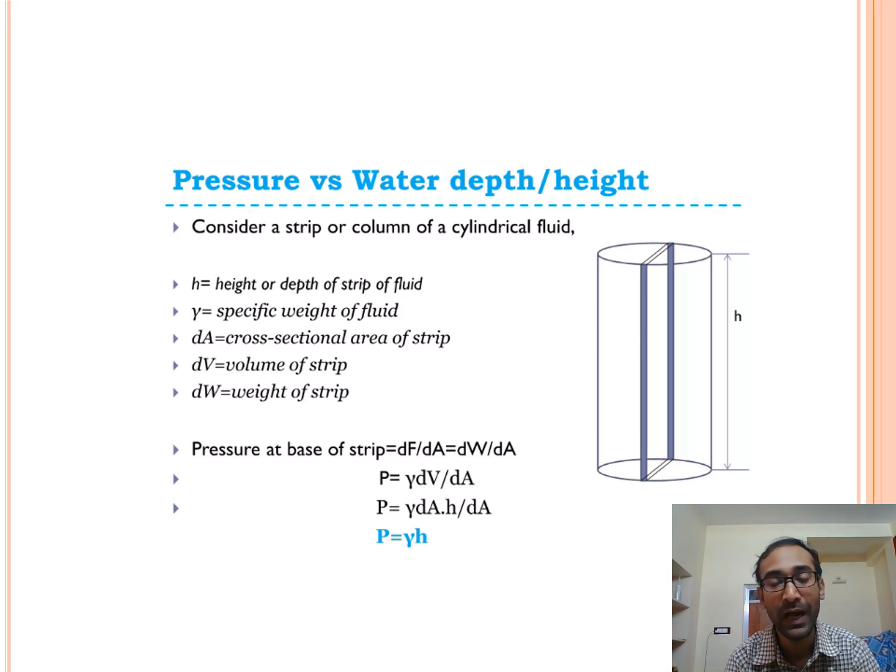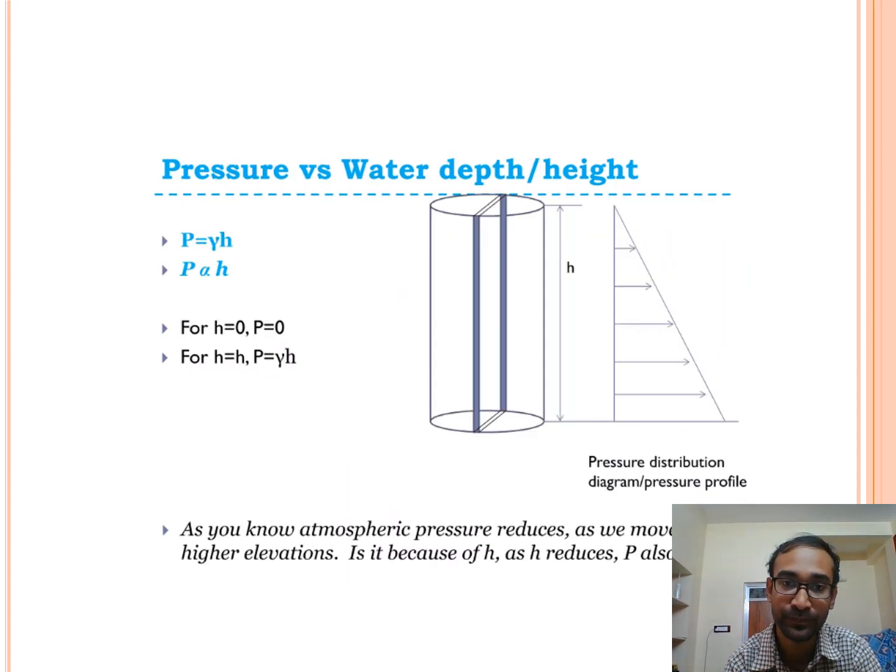That means pressure equals specific weight into height. When the height is increased, the pressure will increase. At the top, height is 0, so the pressure will be 0. At the bottom, the height is maximum, so the pressure will be maximum. This is the relation between pressure and water depth.